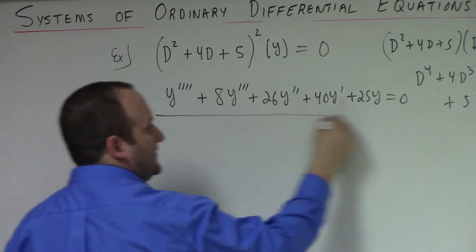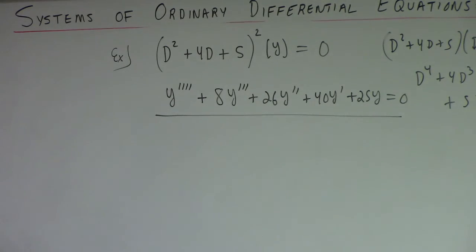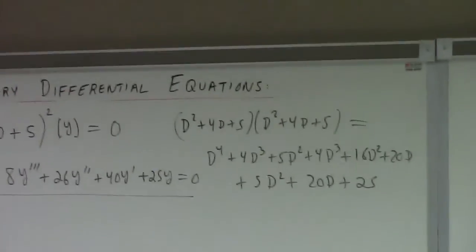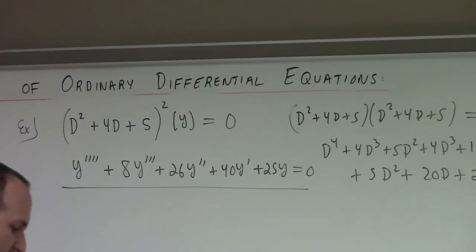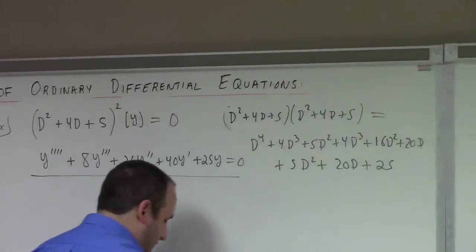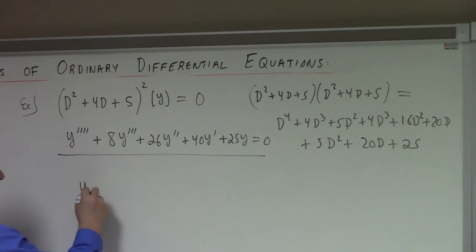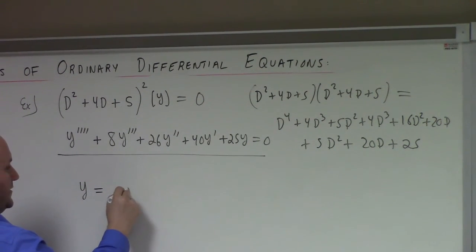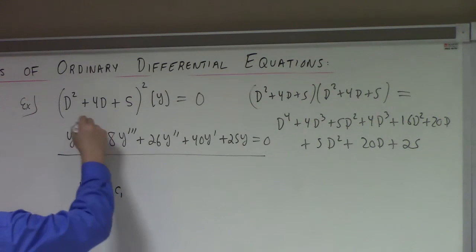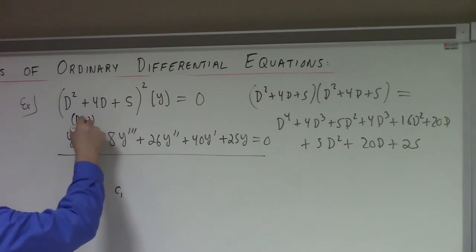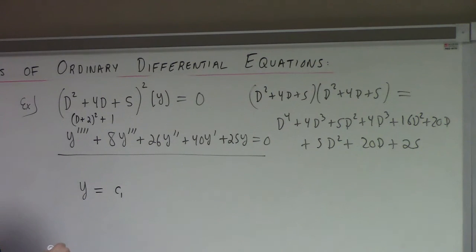This differential equation, if you've covered the requisite cases in Chapter 6 of Nagel, Saff, and Snyder, you find out that the solution has the following form. This is D plus 2 squared plus 1, completing the square.